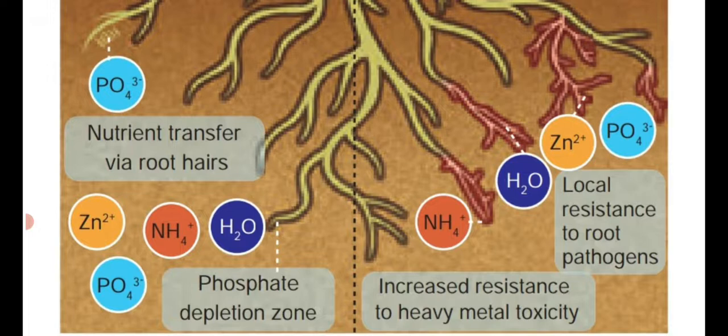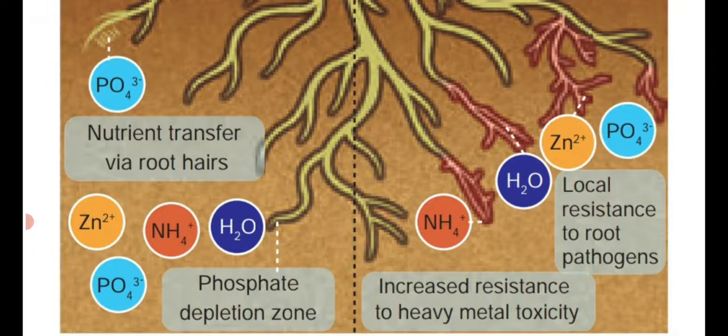And also these molecules which are present in the soil are ammonia, water, zinc and phosphate molecules. So these arbuscular mycorrhizae dissolve the phosphate molecules and also absorb only the molecules required for the growth and development of a plant.